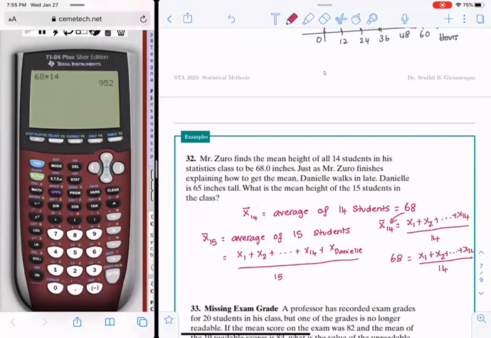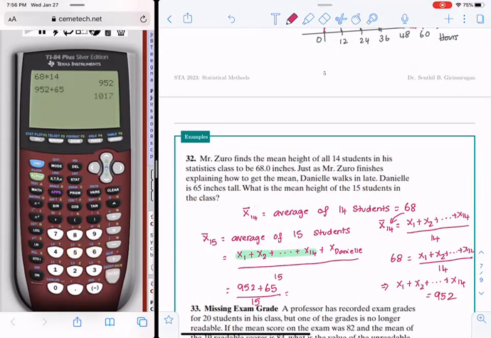I get 952. So the sum of heights of those 14 students before Daniel arrived was 952. In other words, that part is 952. So 952 plus Daniel's height, which is 65, divided by 15 would give us the average of the 15 students after Daniel arrived.